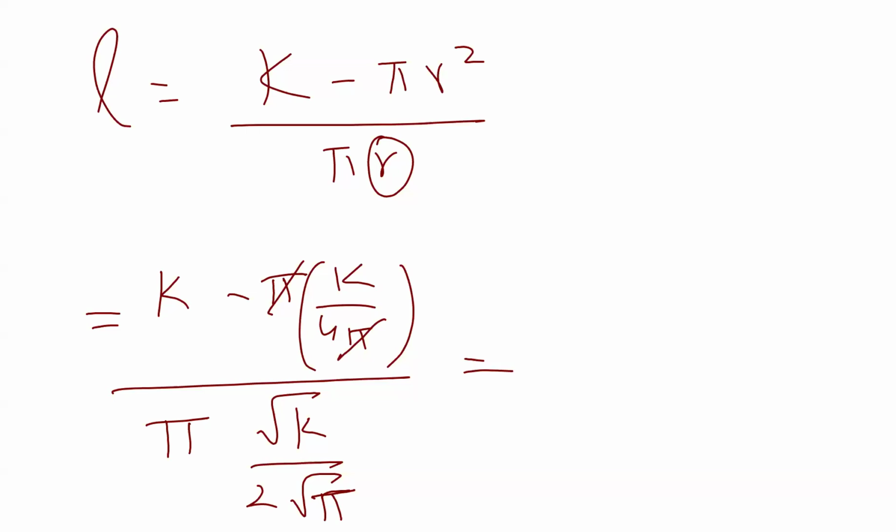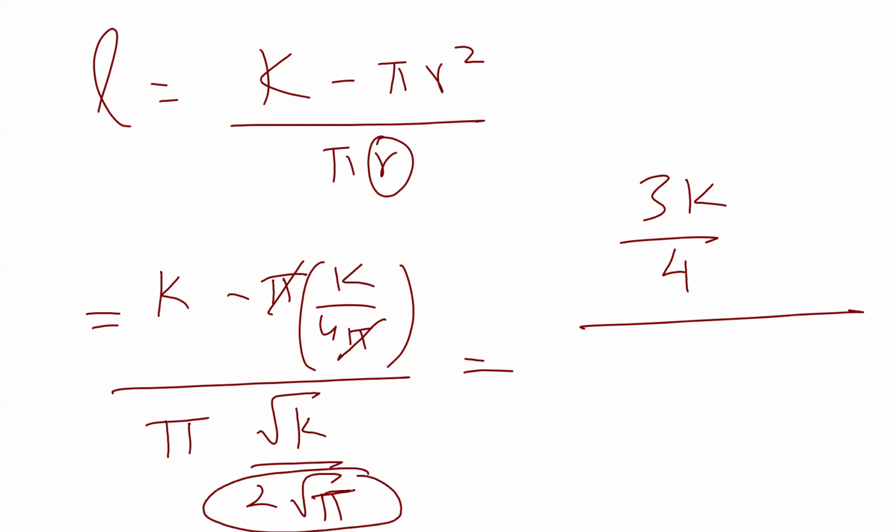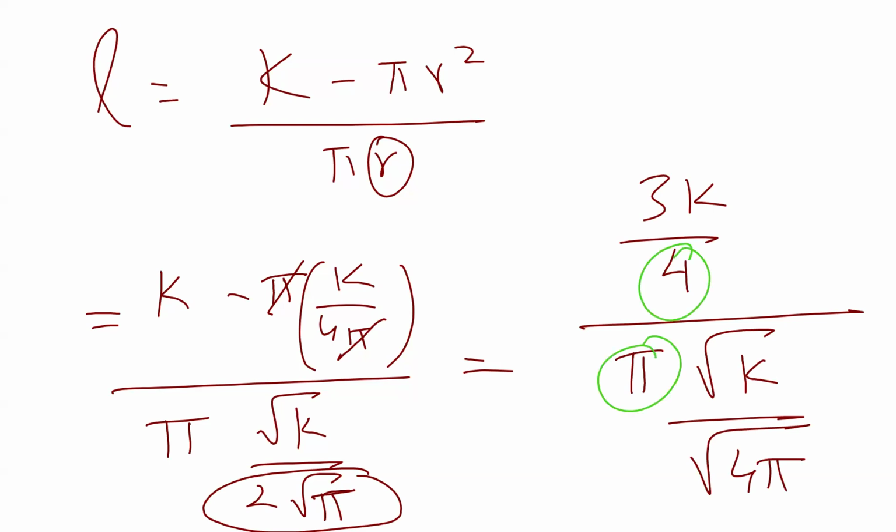The numerator is going to be 3k by 4 divided by, now this 2 root pi, I'll write root of 4 pi. I'll take the 2 inside the root. Now these two terms will be written together, 4 pi, and this entire thing will be the denominator.